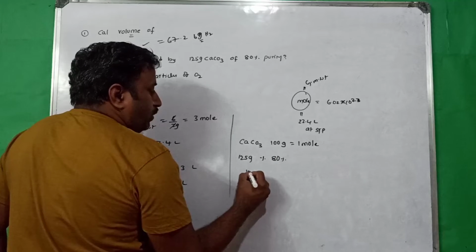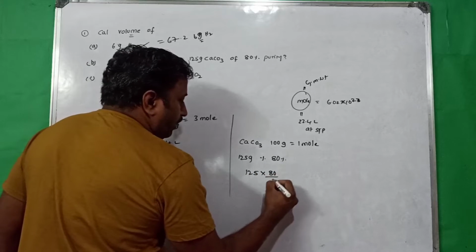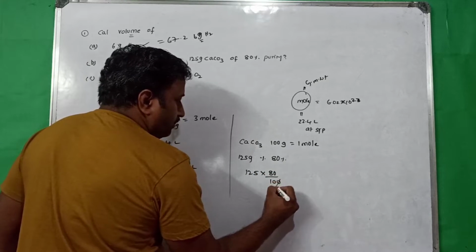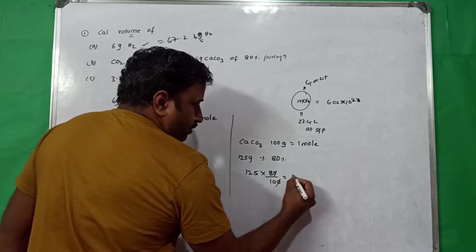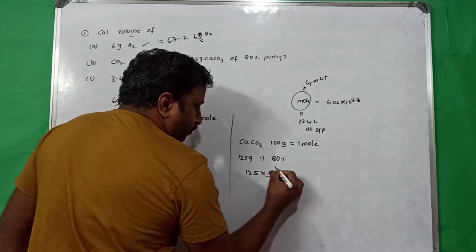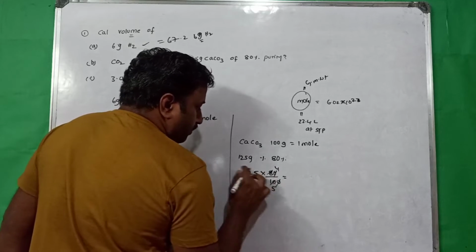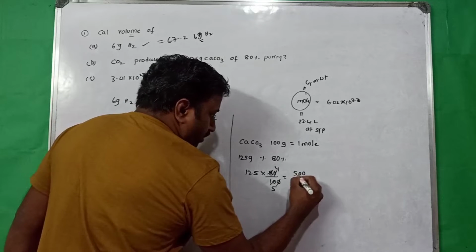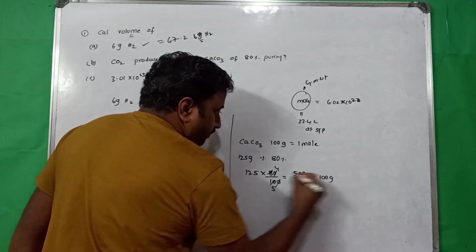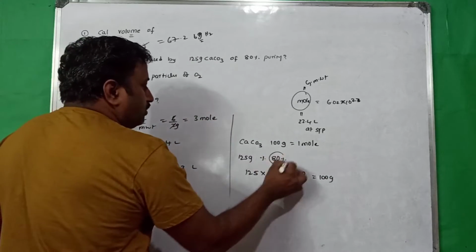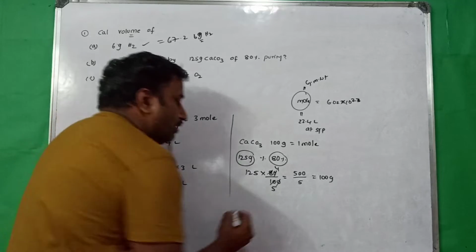Now 125 into 80 upon 100 is equal to 500 upon 5, which is 100 grams. So 80% of 125 grams is nothing but 100 grams.